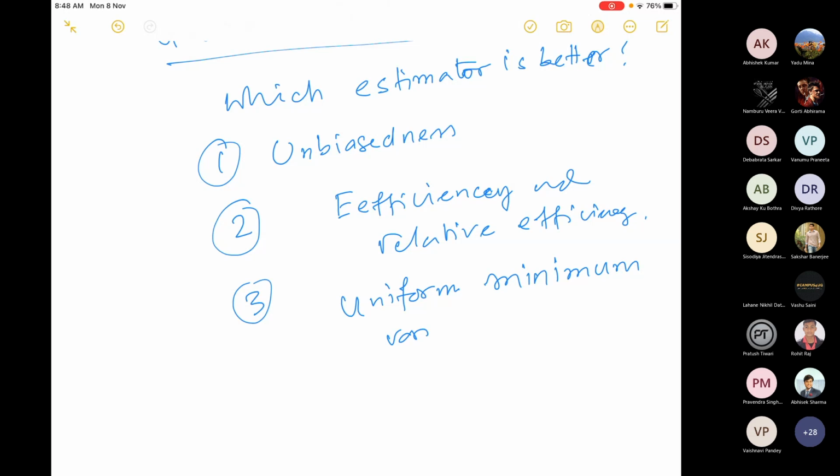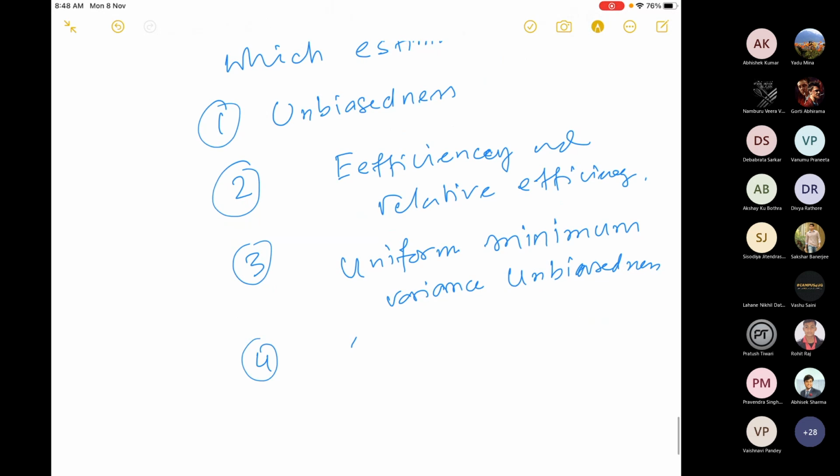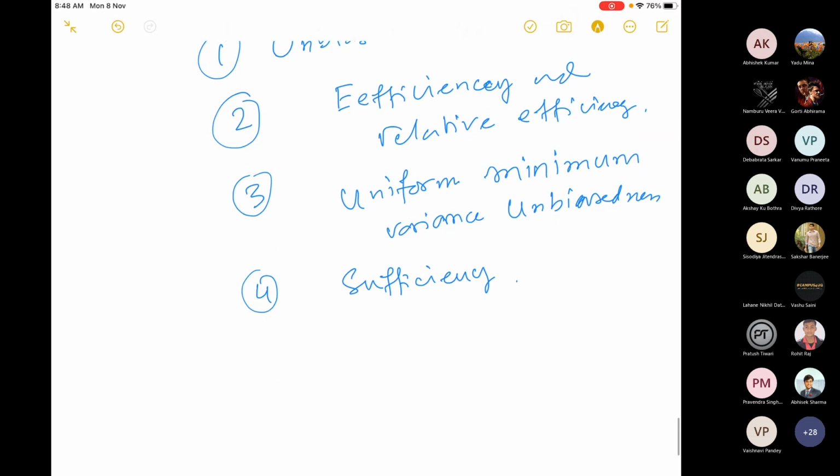See, an estimator at the end of the day is a random variable, so we have to check the properties of the random variable basically. And how do you check the properties of a random variable? You calculate the mean, variance, and some other things, right? So uniform minimum variance, unbiasedness. And there is one more called sufficiency, and another one is called consistency, and so on.